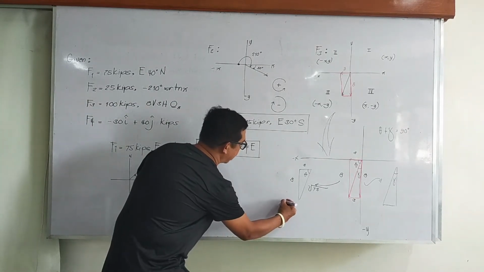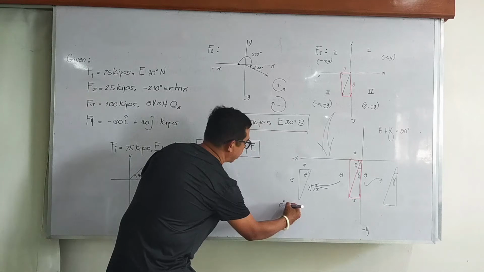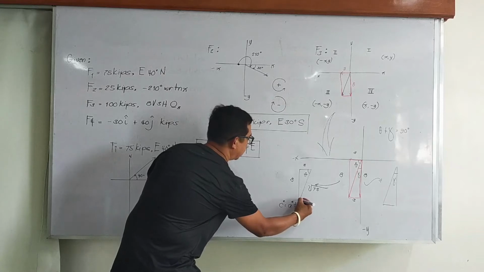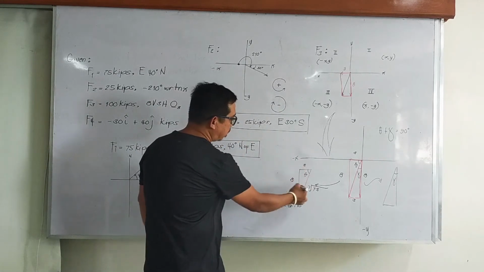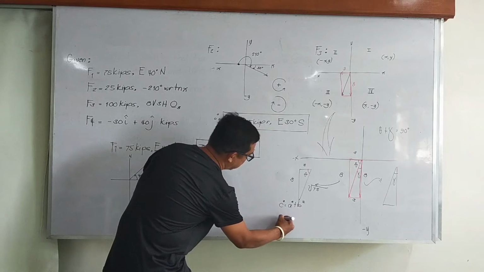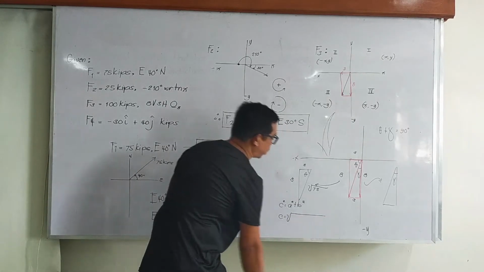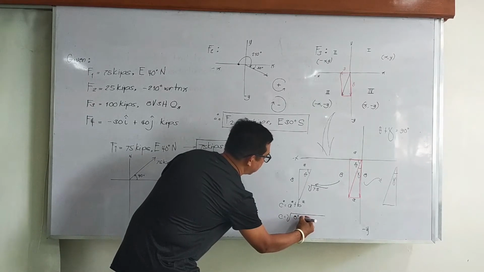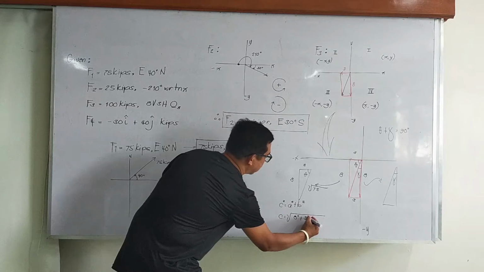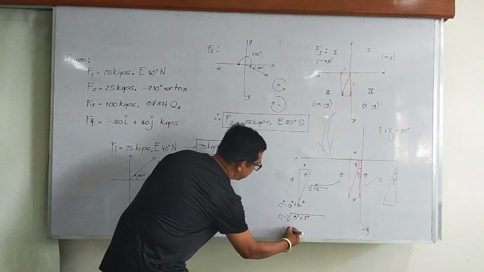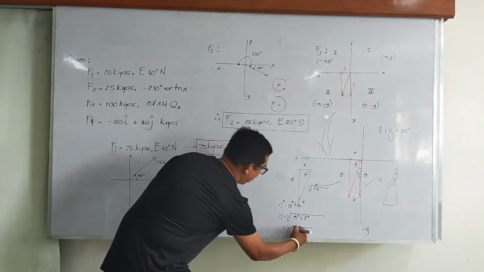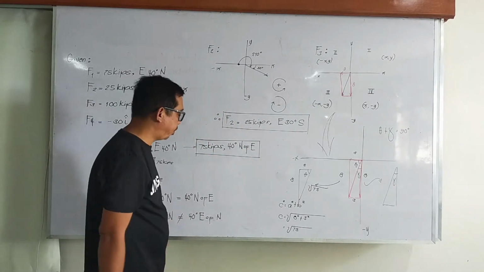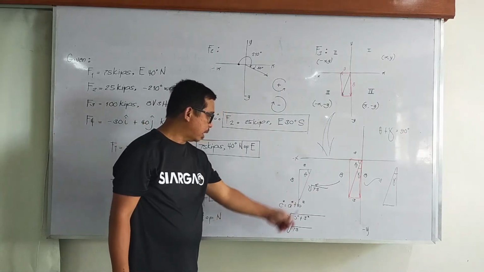Kung gagamit tayo ng Pythagorean, c squared is equal to a squared plus b squared. Substituting all these values, lalabas kasi yan na c is equivalent to the square root of the sum of 8 squared and 3 squared. Thus, giving rise to the root of 73 as the value of the hypotenuse.